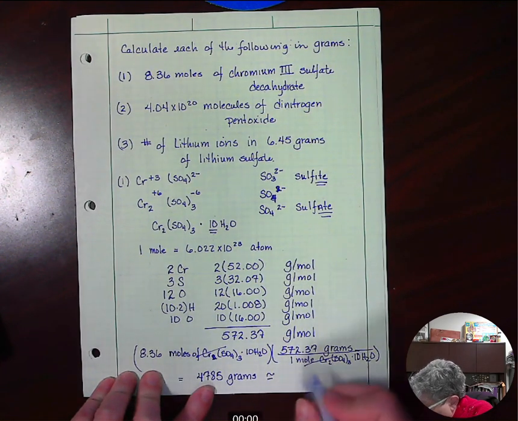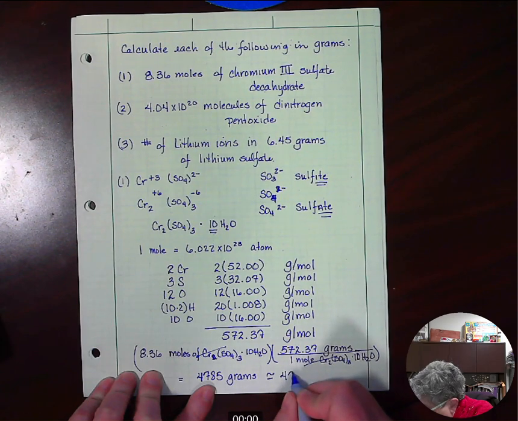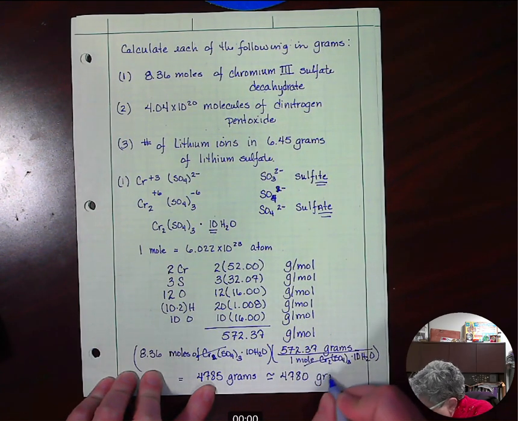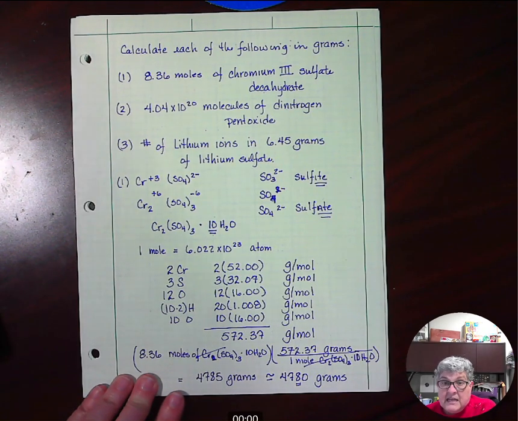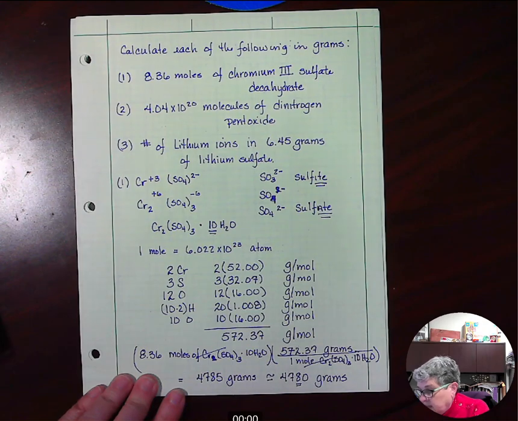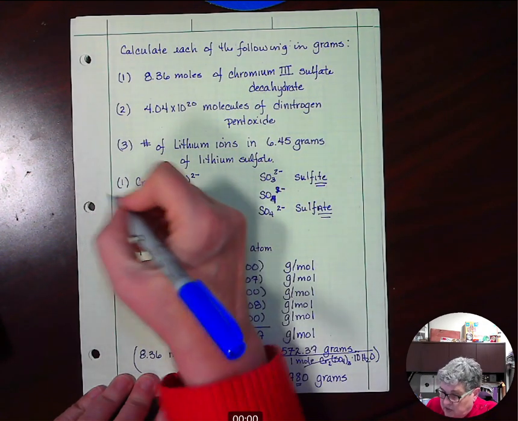So this is going to be approximately 4,780 grams. And the reason we round it down is because we want that number to be an even number if we remember our rounding rules. So that gives us one way to work the problem. So this is our first one. Let's go ahead and do the second one.